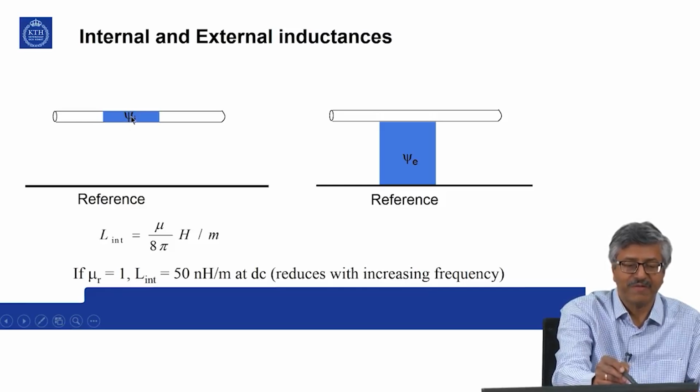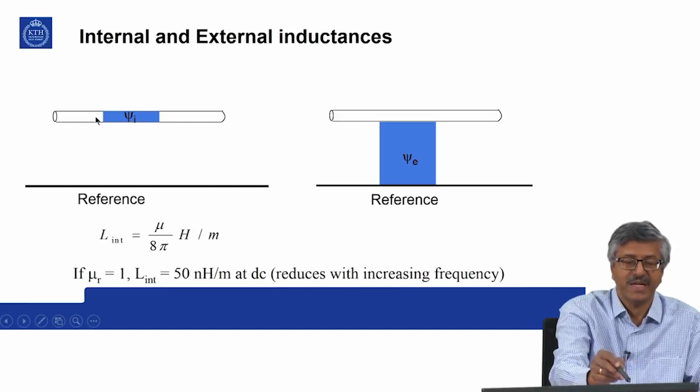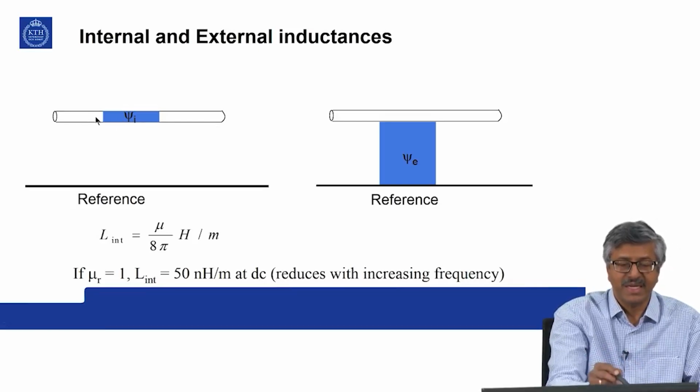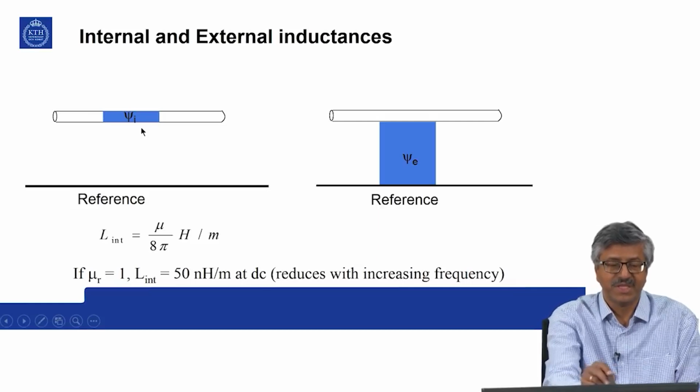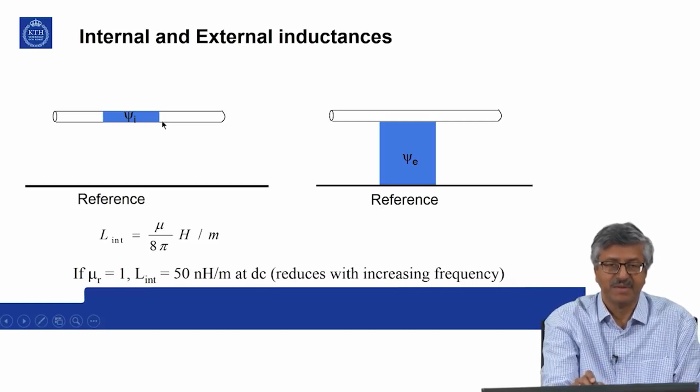The flux inside linking with that current itself, you can define an inductance. Inductance is defined as flux linkage divided by the current causing it. So, that is called the internal inductance. The flux is confined to the internal part of the conductor.